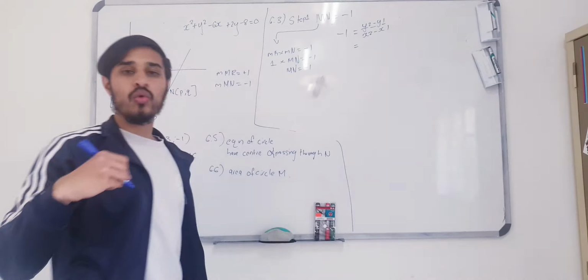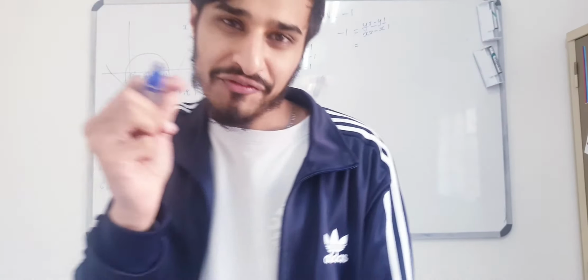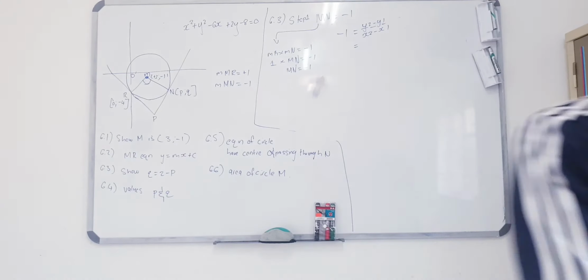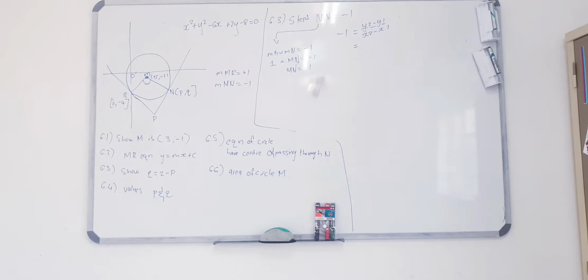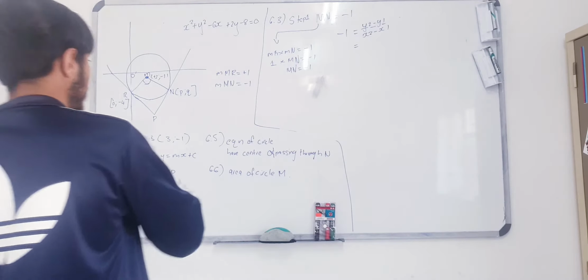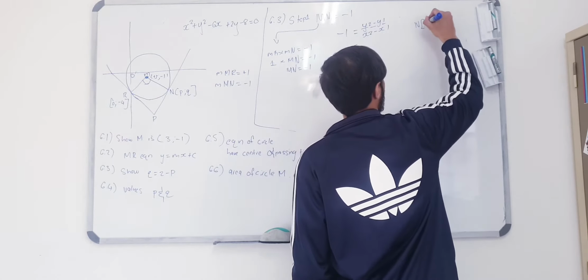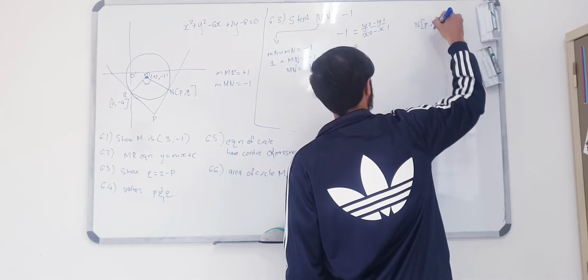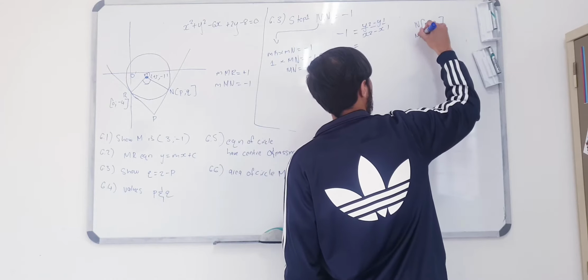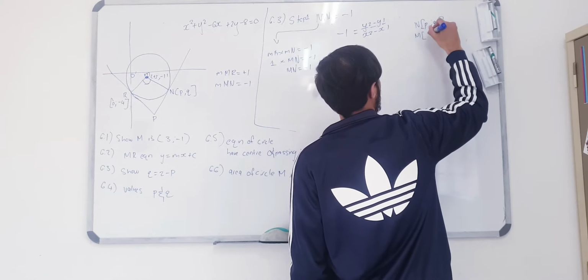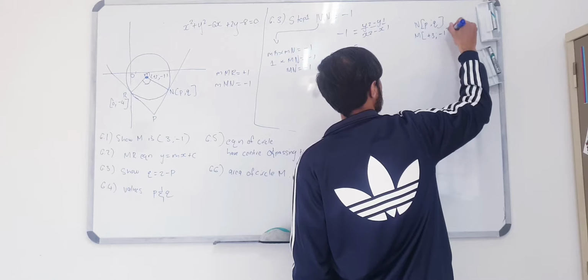So what coordinates do I specifically pick? You're going to take N's coordinates, obviously. So you can take N, which is p and q, and then you're going to take M, which is plus 3 and minus 1.